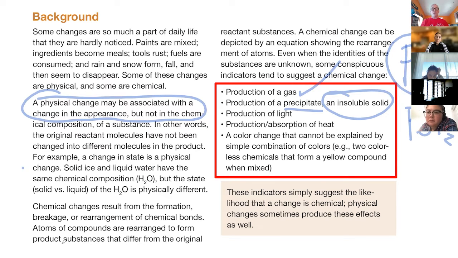Another thing to look for that indicates a chemical reaction is the production of light. So light comes from when electrons are excited. Remember, we talked a little bit this morning about where electrons are in an atom, how close they are to the nucleus. Well, when an atom gets excited, those electrons will shoot into really high energy levels.